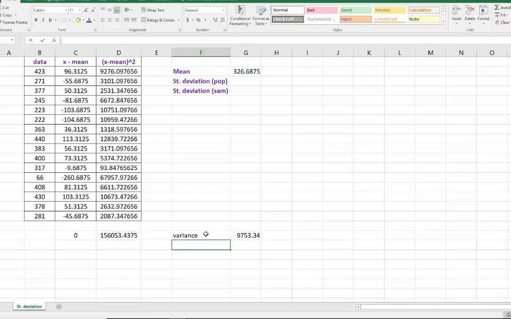And then standard deviation. Let's say, if we consider this set as a population, it will be the square root of the variance, this number right here. So we get 98.759. You might be asking me, why are we taking the square root? Remember, we squared all of our values over here.